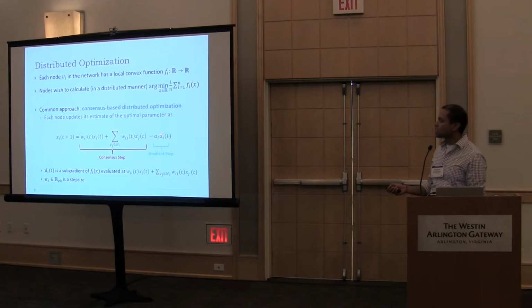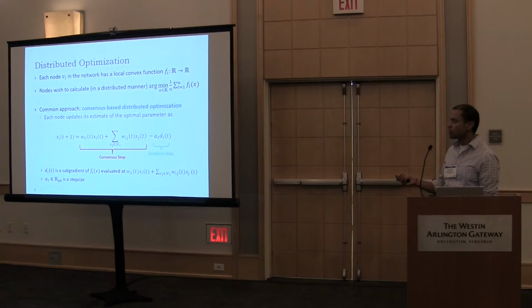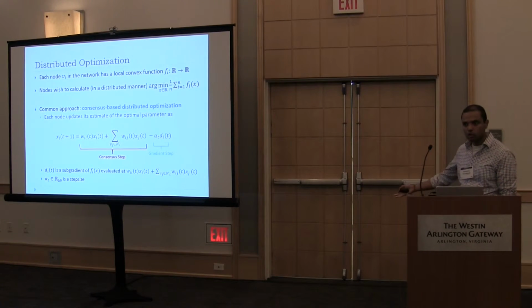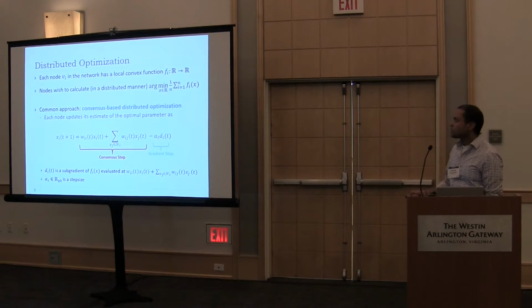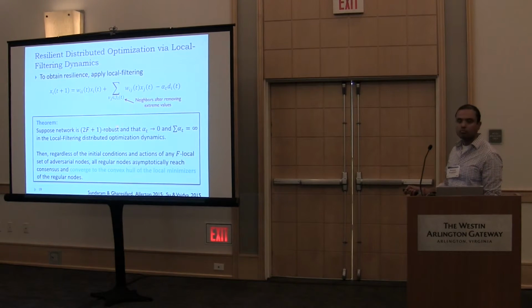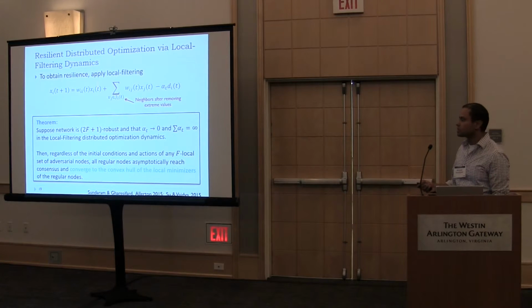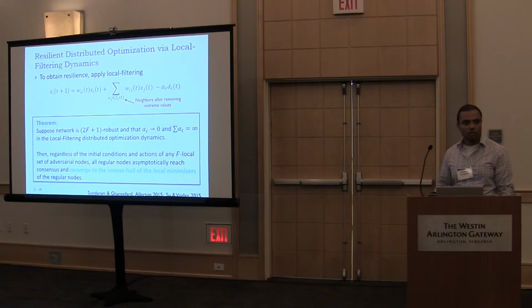As long as the step sizes here are chosen properly, it turns out that if you follow these dynamics, everybody will in fact converge to the global minimizer. So again, if you want to make this resilient, instead of averaging everybody, throw away the highest and lowest and average the rest. Okay, so same thing. Using this local filtering as a starting point to establish resilience in this class of dynamics, you can show very similar things.